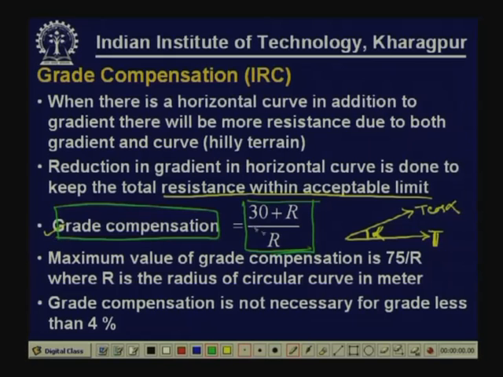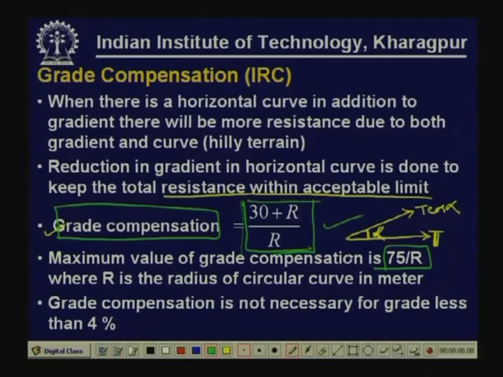When we are applying this, there is also a maximum limit suggested in the code. Maximum value of grade compensation is 75 by R. So, we have to check whether the value exceeds 75 by R. If it exceeds, then the maximum value to be provided is 75 by R.